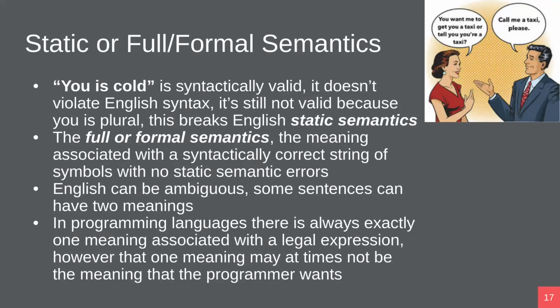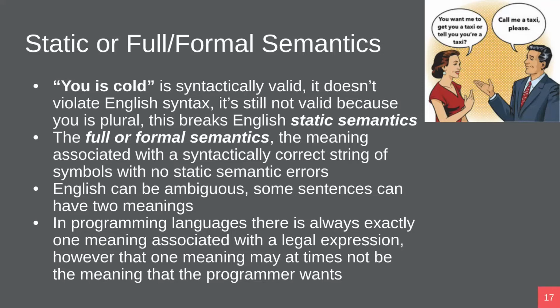Okay. Another type of semantics are the full or the formal semantics, and those are the meanings associated with things. So let's say we have another situation where you say a sentence, and that sentence is syntactically valid, and it doesn't violate the static semantics of English. So firstly, it makes sense.